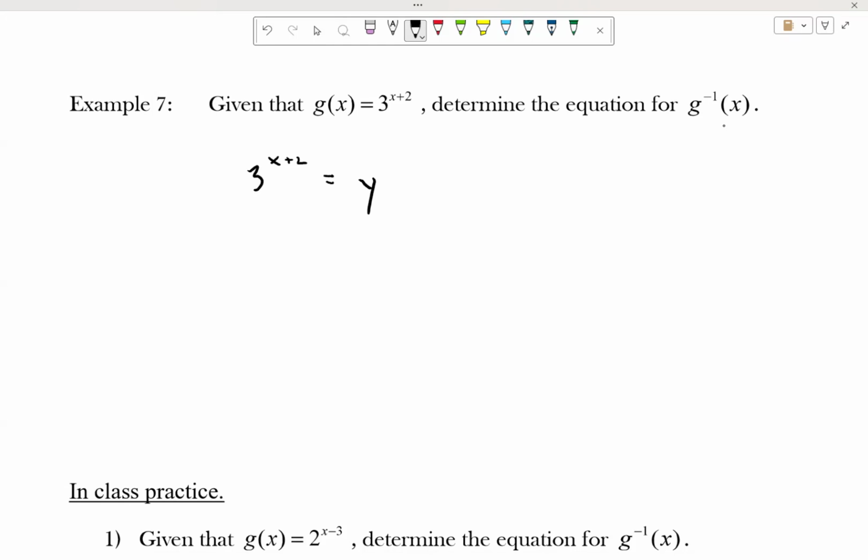Well, the inverse, so the first thing you do is 3 to the y plus 2 equals x. We switch the variables, so log base 3 of x. Okay, good.